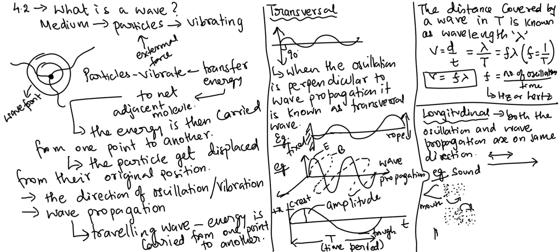So we show it something like this: compression and then rarefaction, and then again compression and rarefaction, repeating. See, compression, rarefaction. So C stands for compression and R stands for rarefaction.